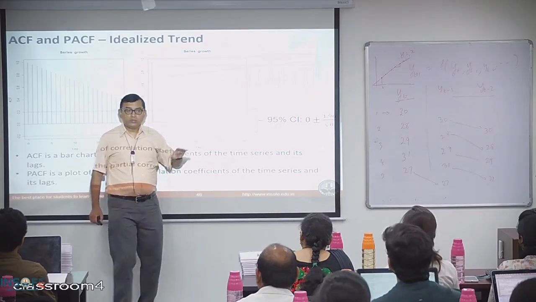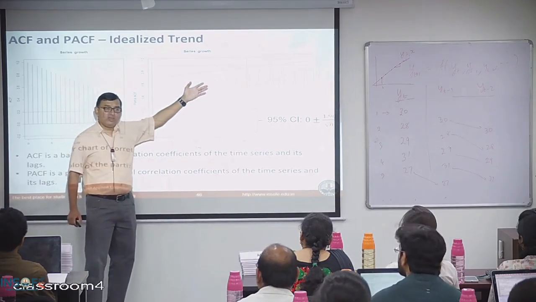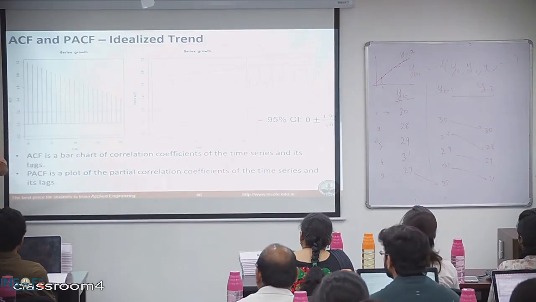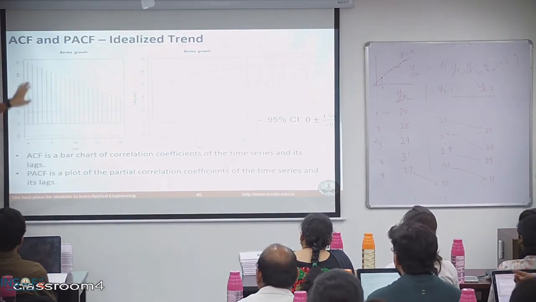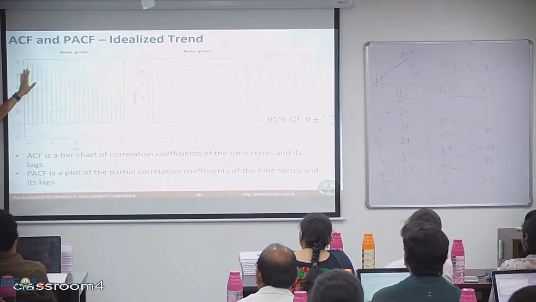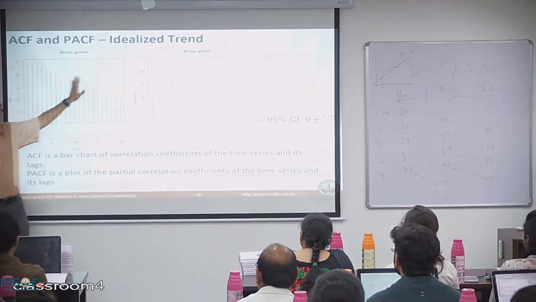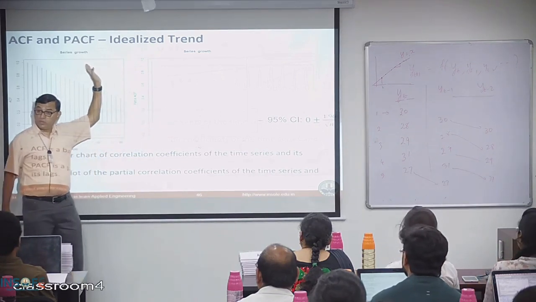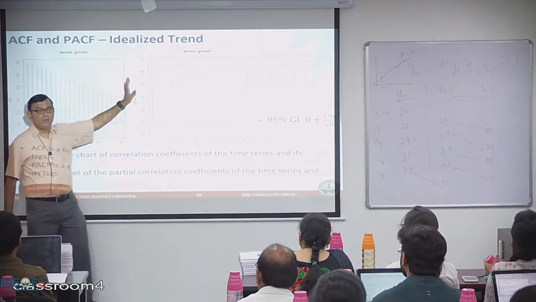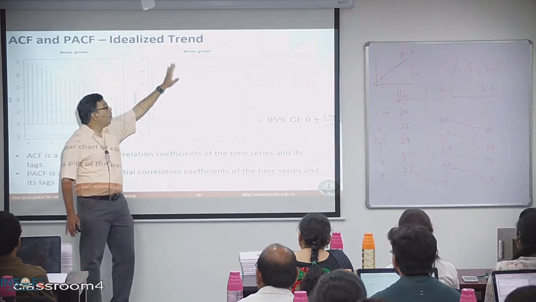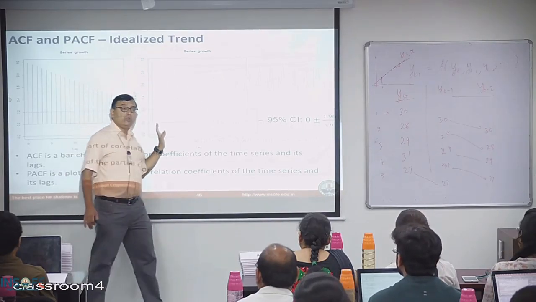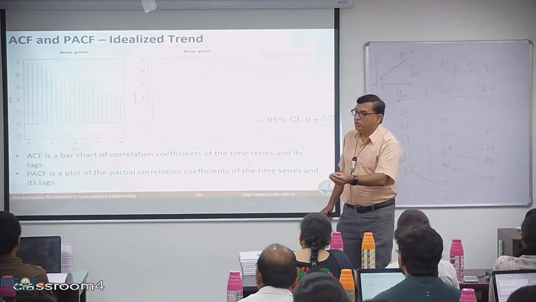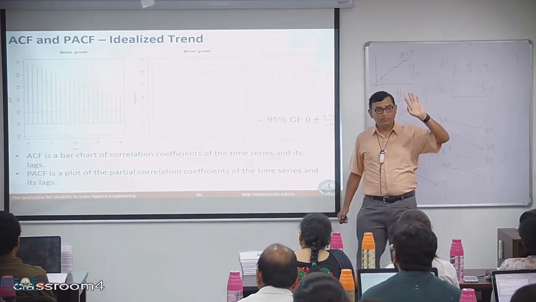So values beyond that are the only ones that are going to be significantly different than 0. So for an idealized trend, you see slowly decreasing, large values of the autocorrelation function. For the partial autocorrelation function, only lag 1 is important. None of the subsequent lags have any extra information than what was given by lag 1.